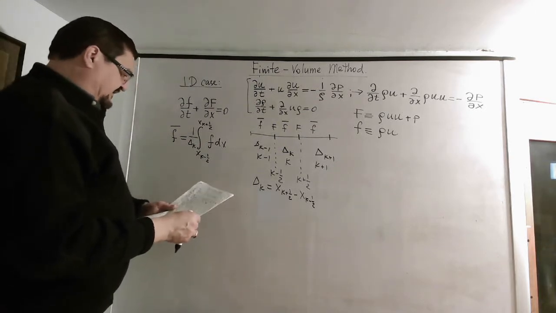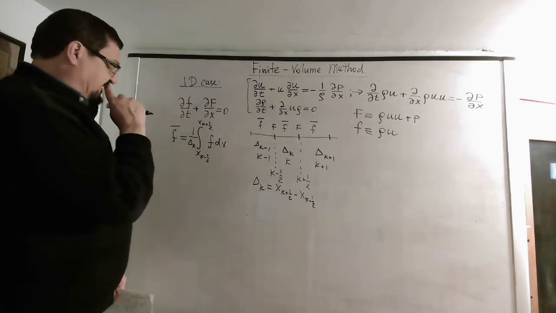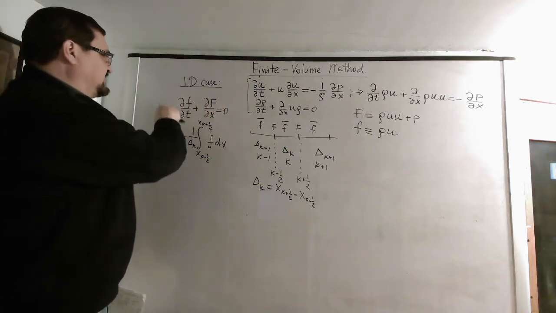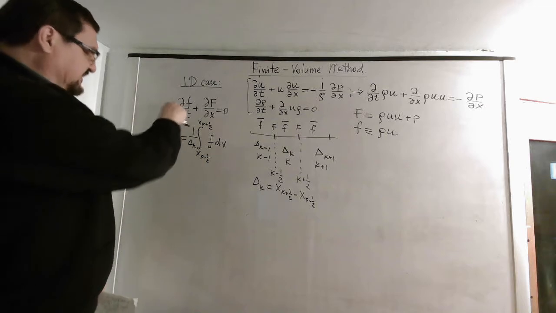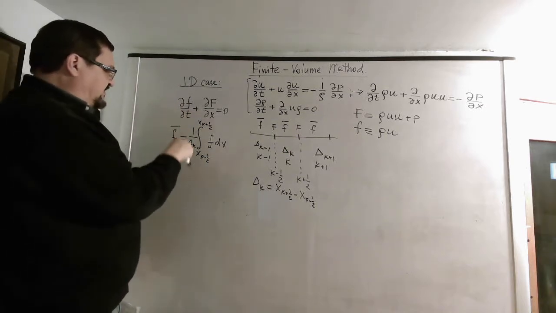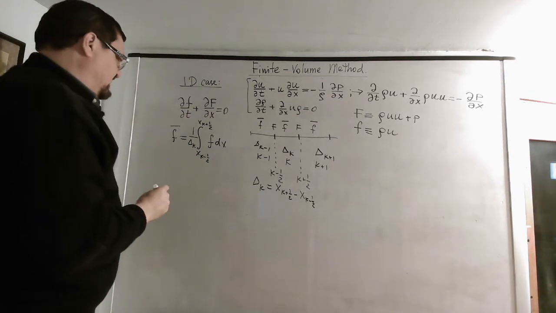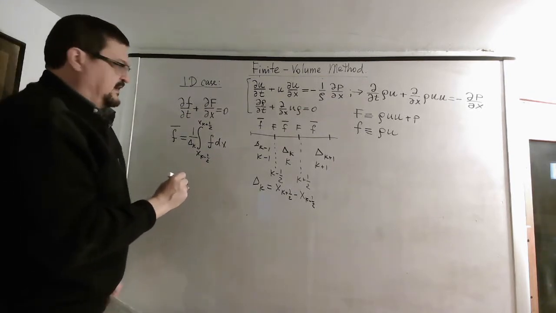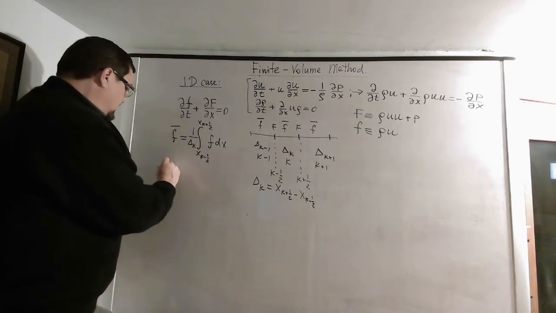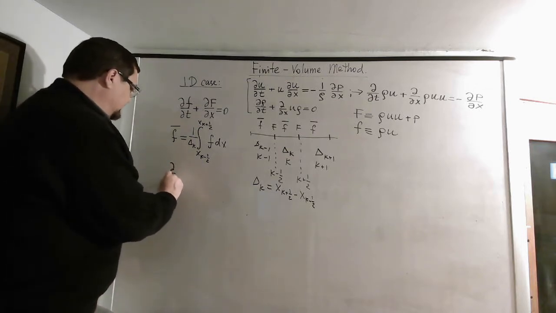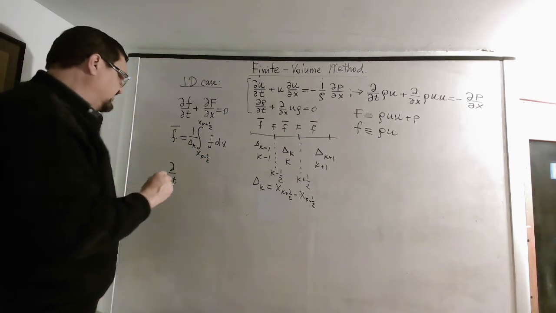So we can define this, but now let's apply it to this equation. Let's average this equation, integrating from x k minus 1/2 to x k plus 1/2 using this averaging operator. If we do that, we have d dt, and of course t does not depend on x, so it can be taken out of the integral.